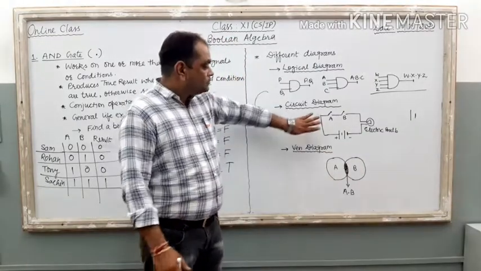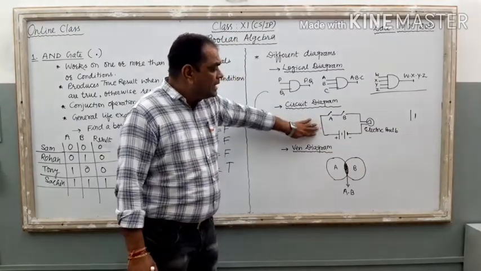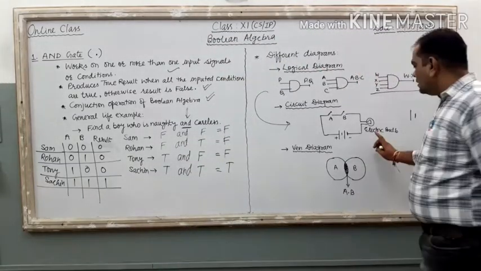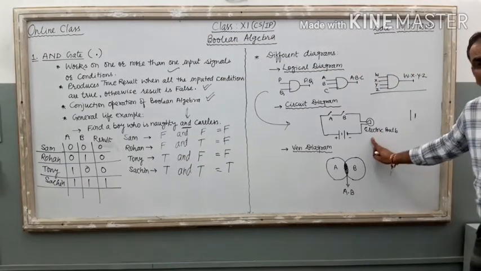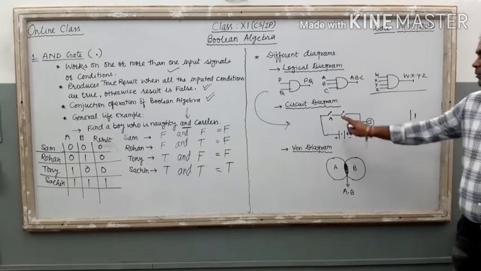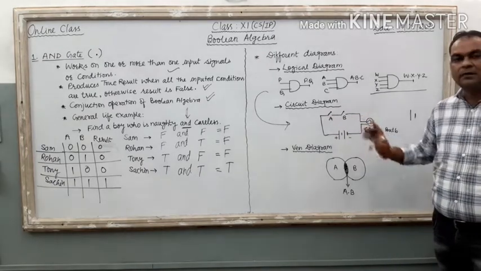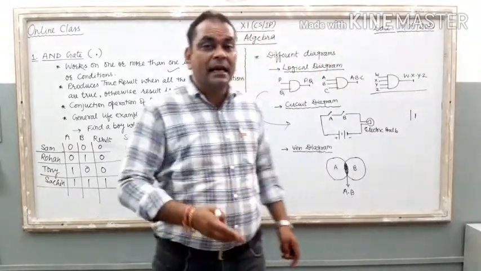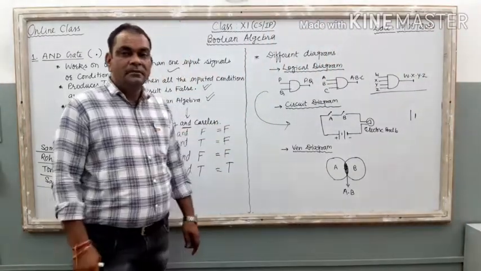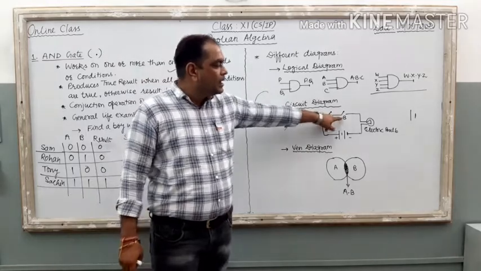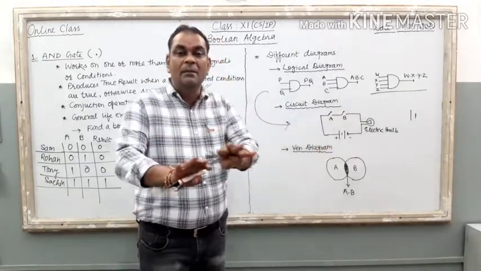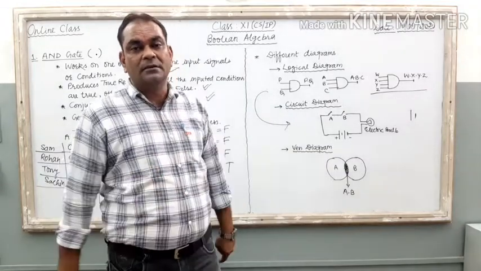Now, in the present diagram, will this bulb be on or off when both the switches are open? Is electricity provided in the circuit or not? Both the switches are open, electricity is not provided in the circuit, and the bulb is in off condition.